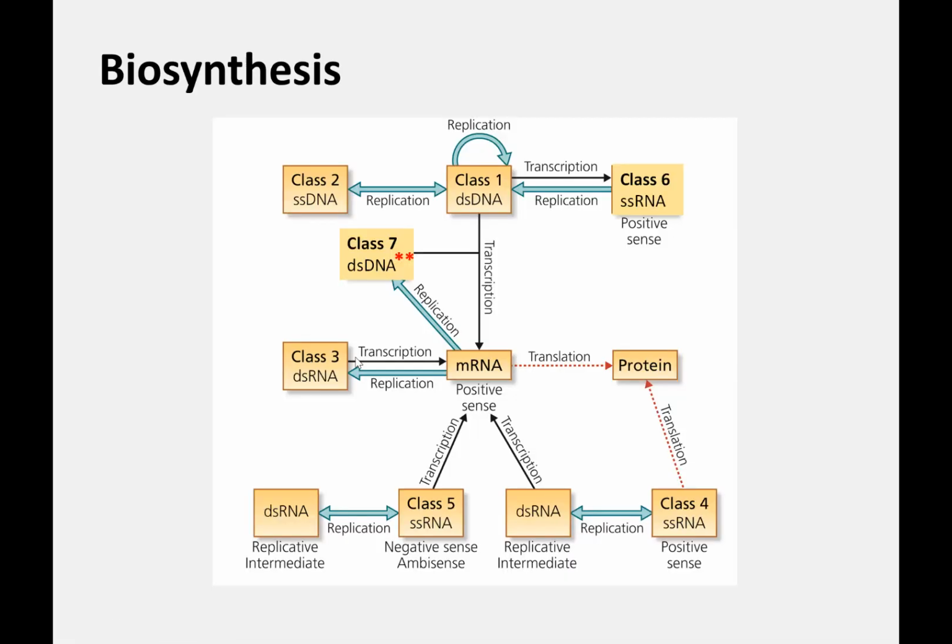Step 4 is biosynthesis. And remember, I told you that classification of viruses is based not only on the type of genetic information they have, but how they get to mRNA.